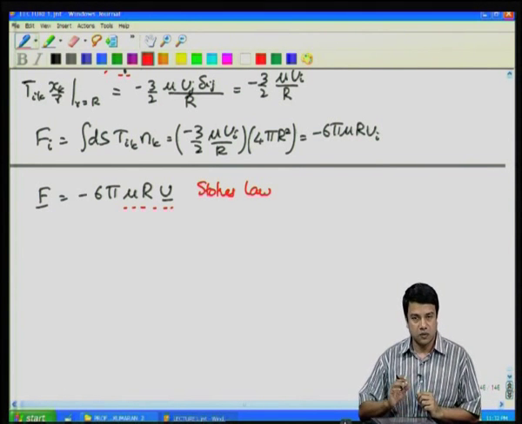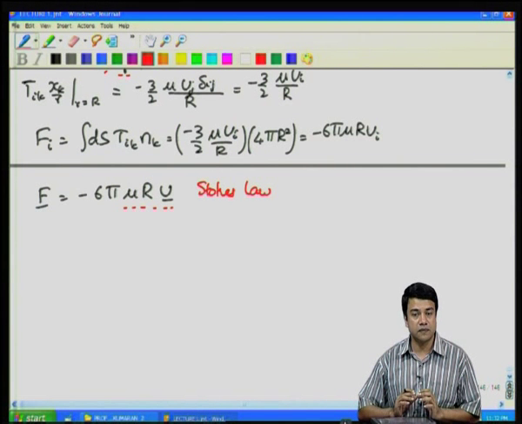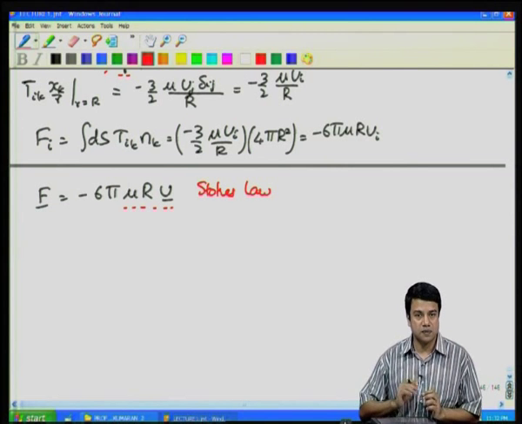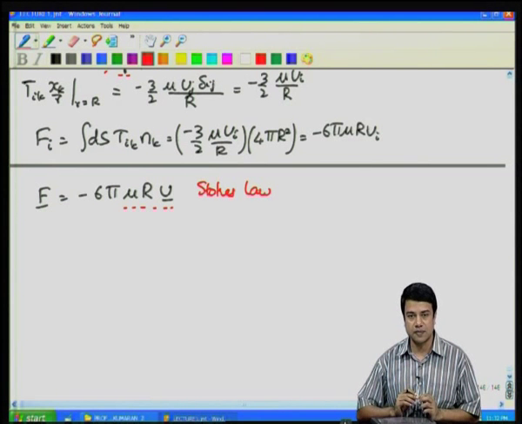Now, by solving the Stokes equations exactly, we have managed to find the constant. In this particular case, the constant is 6 times pi. The negative sign just implies that the force exerted is opposite in direction to the velocity of the sphere. That is, the force that the fluid exerts on the sphere is opposite in direction to the velocity of the sphere. So, this is an important result.